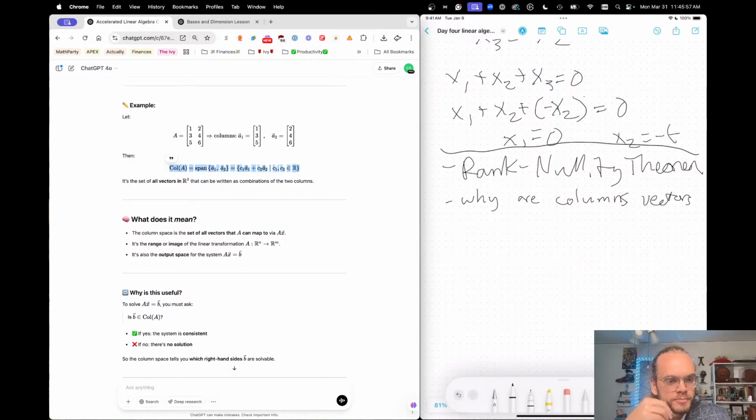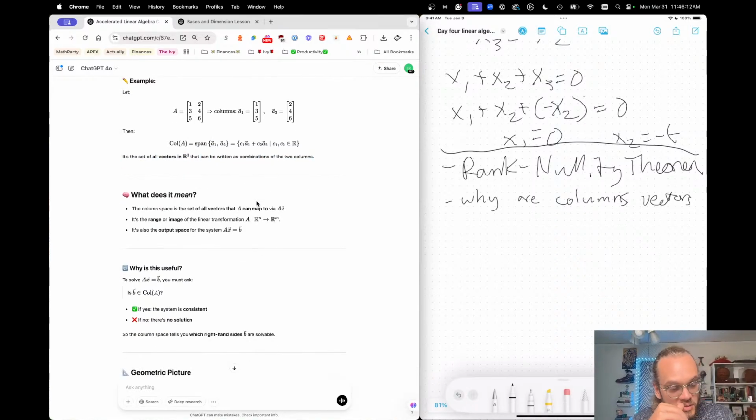All right, so the column space of A is the span of A1 and A2. It's the set of all vectors that can be written as combinations of the two columns. So the column space is the set of all vectors that A times some x vector can map to. It's basically the range of the linear transformation, where 1, 3, 5 is a vector and 2, 4, 6 is another vector.